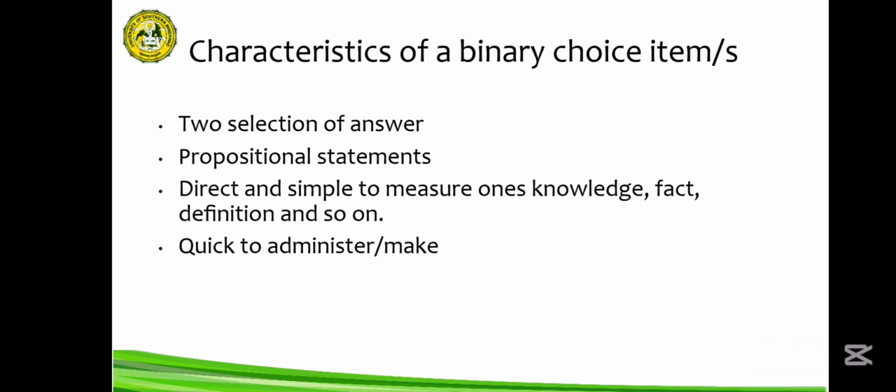As such, it is direct and simple to measure one knowledge, fact, or definition if one of the two responses is absolutely true or false, correct or incorrect, yes or no, and so on. And compared to multiple choice items, a binary choice item is easy and quick to construct and administer.